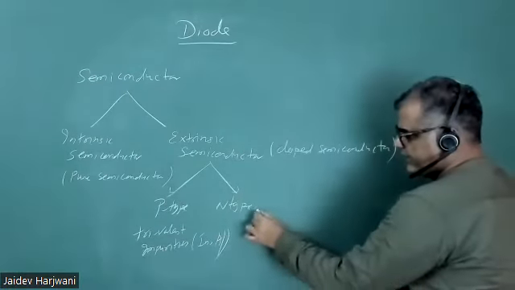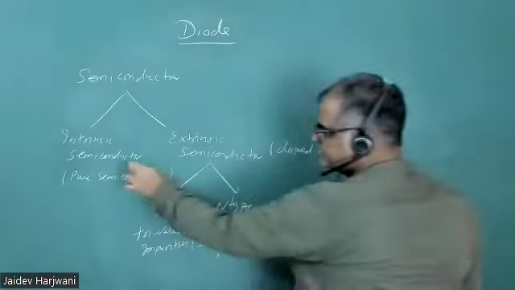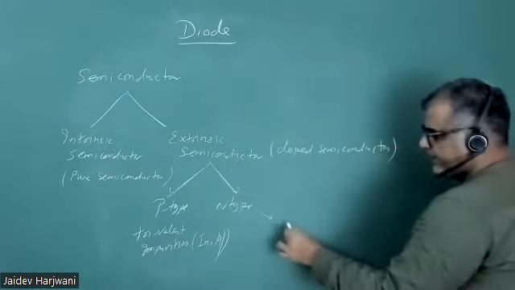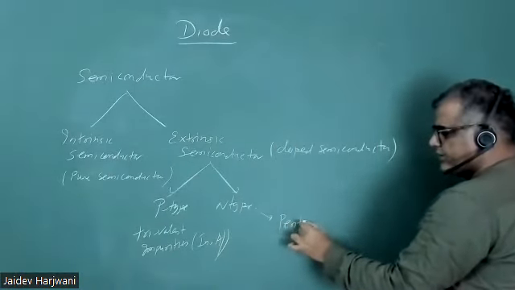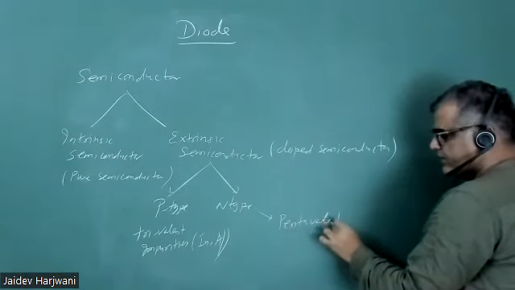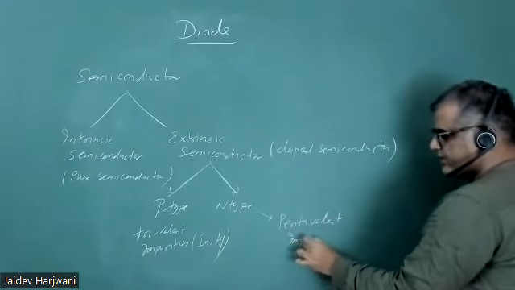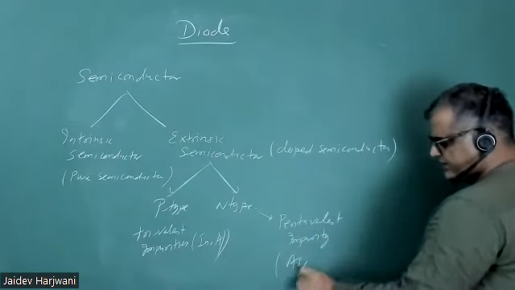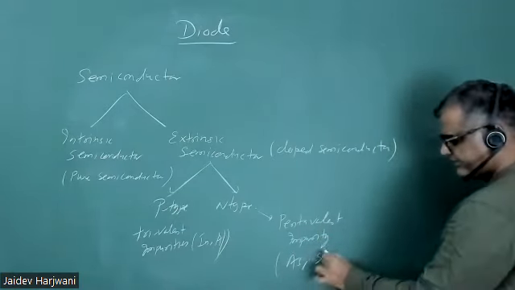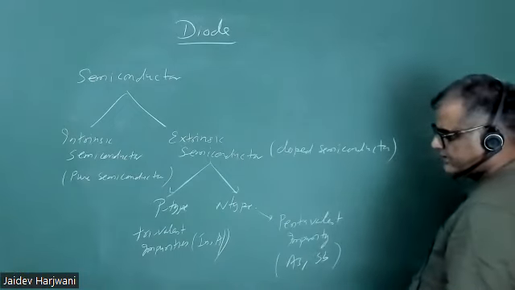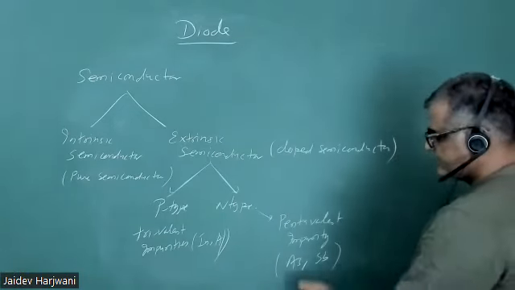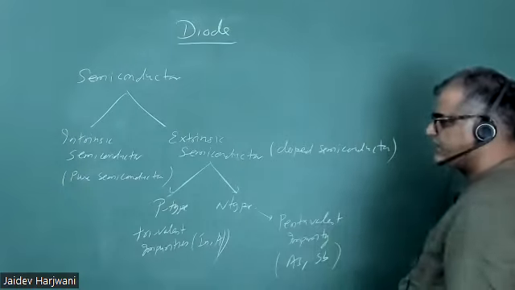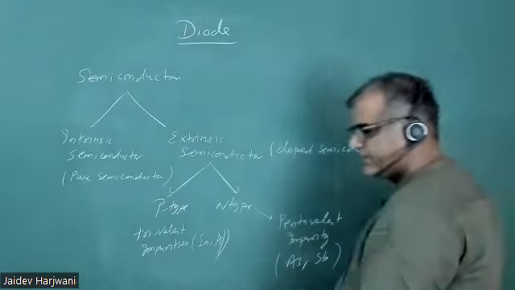And similarly, when you dope an intrinsic semiconductor with a pentavalent impurity like your arsenic, antimony, then these semiconductors are called your N-type semiconductor.